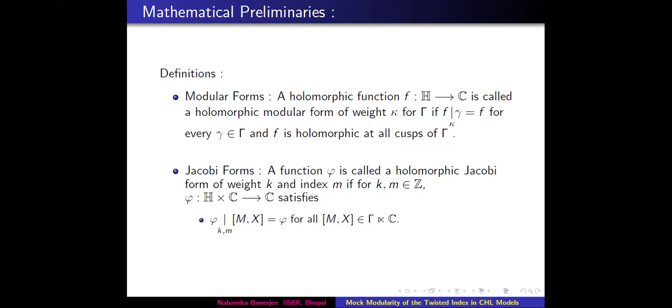Now, Jacobi forms. Okay, Jacobi forms. I hope you have understood that these are those functions. Again, holomorphic Jacobi forms of weight k and index m are those functions for which the two operations that I just defined, the modular transformations and the elliptic transformations, under both the transformations, if the function does not change, then we will call it a Jacobi form. Again, it can be holomorphic, it can be weakly holomorphic, it may not be holomorphic at all.